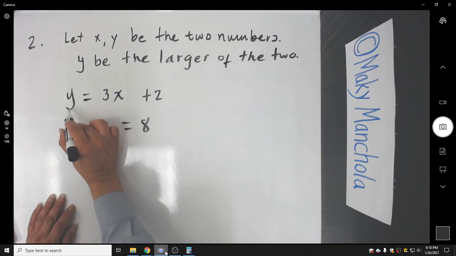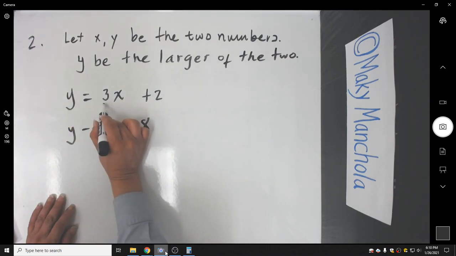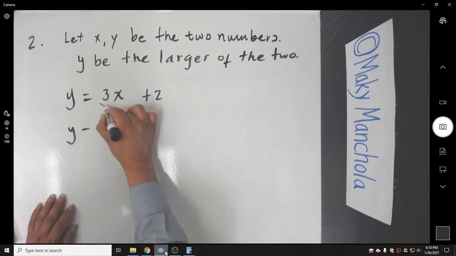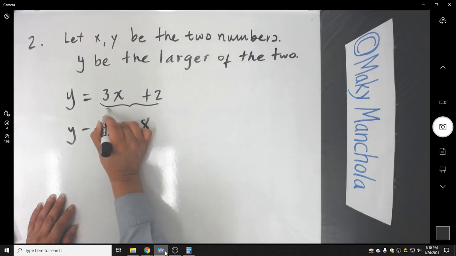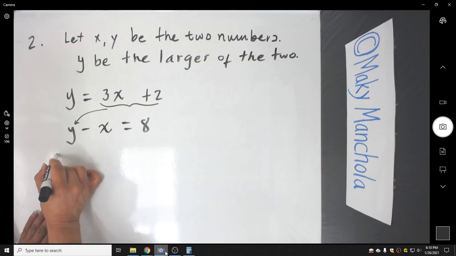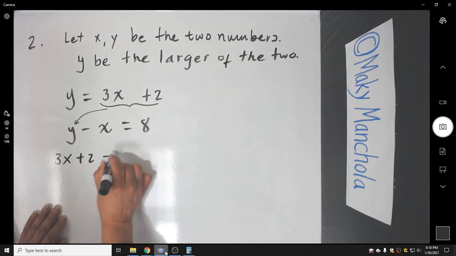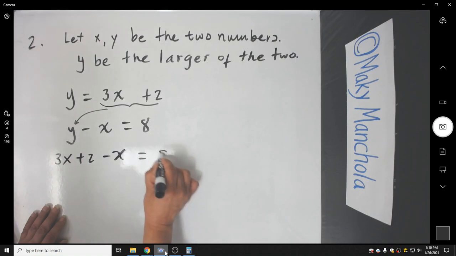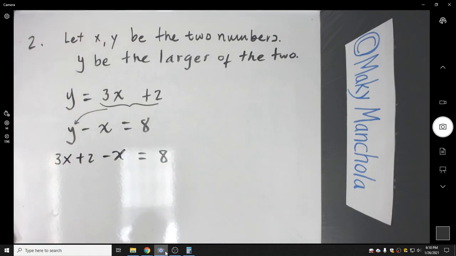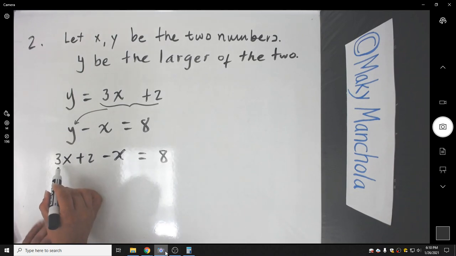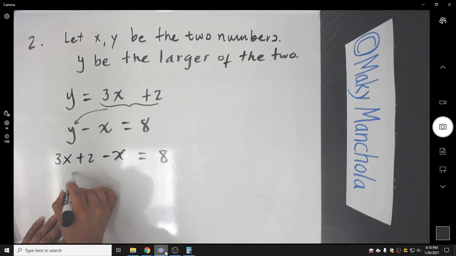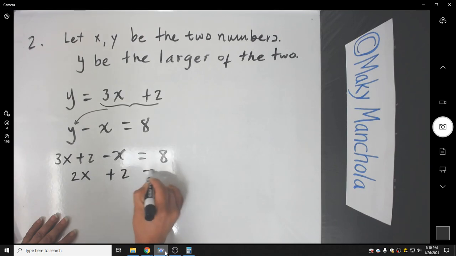So let's substitute y in our second equation with 3x plus 2. So we obtain 3x plus 2 minus x equals 8. 3x minus x simplifies into 2x, so we obtain 2x plus 2 equals 8.